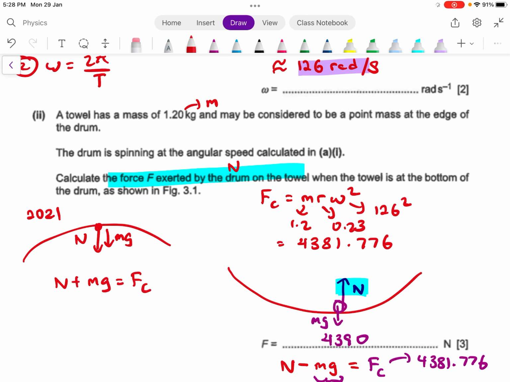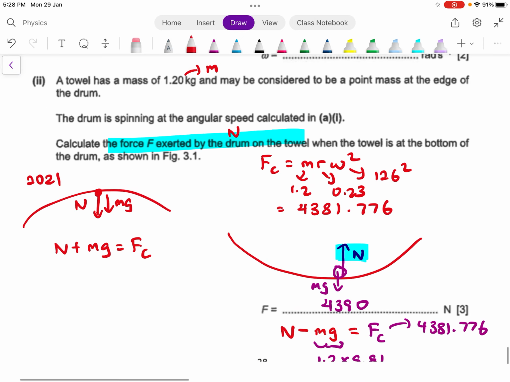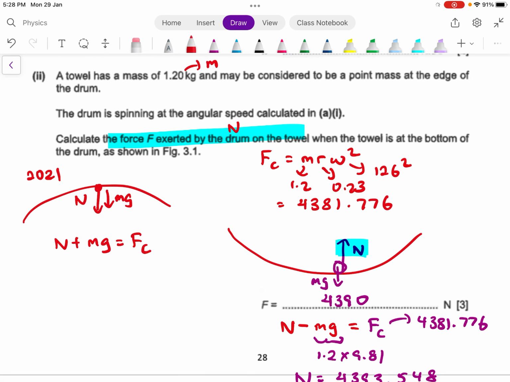What about at the bottom, in 2022? They test us with the point mass at the bottom. So what will constitute the centripetal force? Very simple: it's the normal contact force minus the weight. This means that at the bottom, the normal contact force must be greater than the weight, in order to have some resultant force towards the center of the circle, which provides the centripetal force.